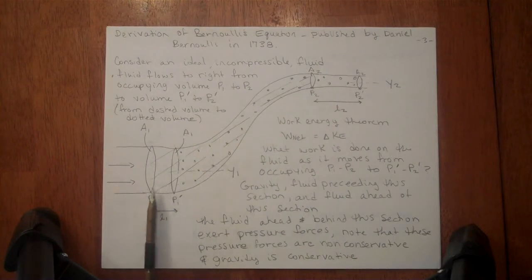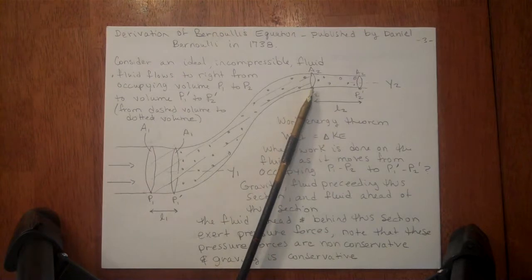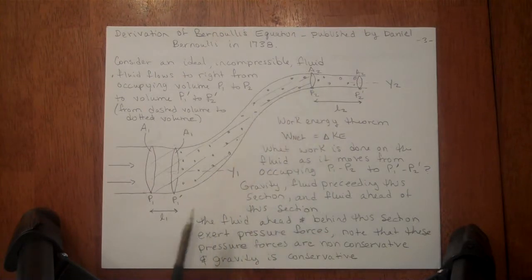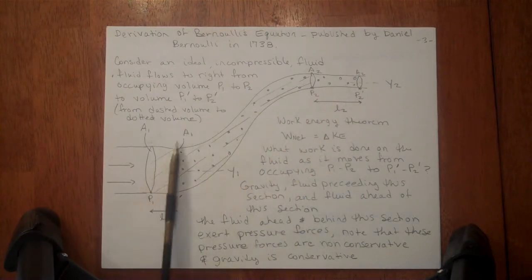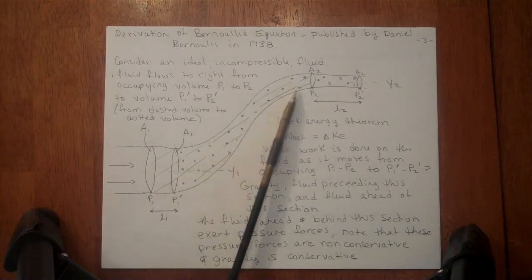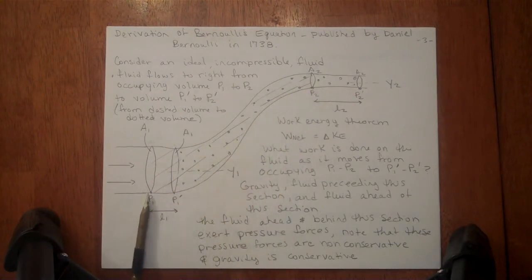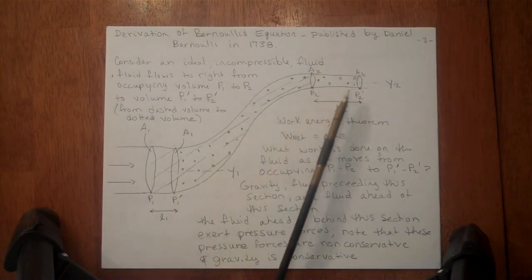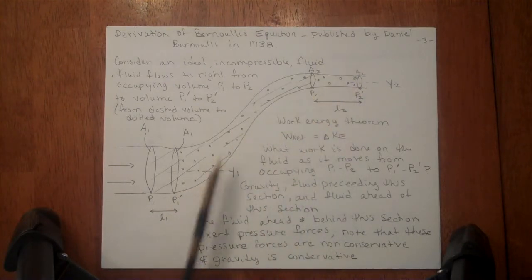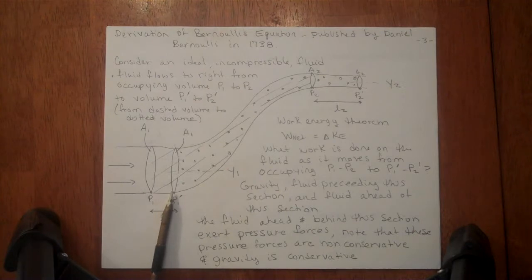So we're considering a volume that's enclosed from P1 to P2, and as that volume of fluid flows, it occupies P1 prime to P2 prime. You can see I've drawn shaded the region initially occupied by the volume, and then a dotted volume for that fluid as it's flown along the pipe.